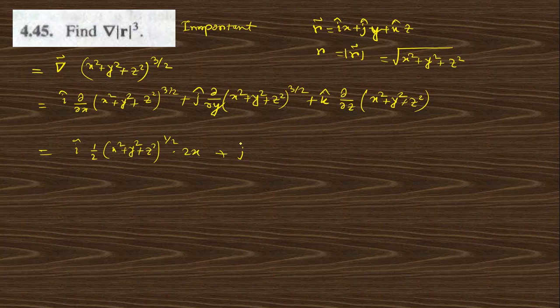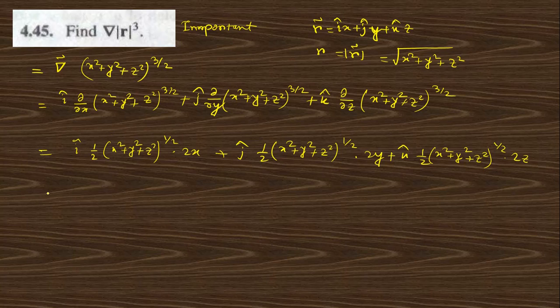Similarly, in case of y, you get 3 by 2 into x square plus y square plus z square whole to the power half into 2y, and in case of k cap, this is also 3 by 2, x square plus y square plus z square whole to the power half into 2z.